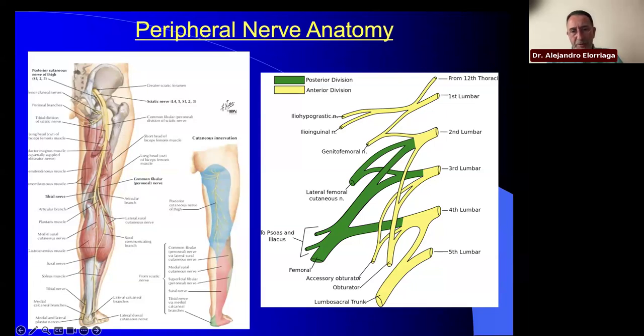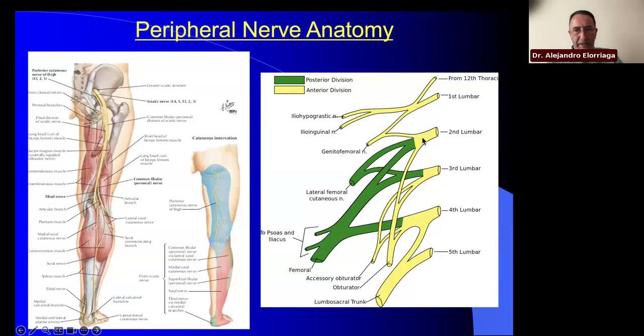Oftentimes, you will not be able to use the affected nerve. Let's say that you have a problem in your femoral nerve territory, on your anterior thigh. Therefore, it precludes the idea of going to that nerve and trying to send signals to L2, L3, L4, which are the levels from which the femoral nerve comes.